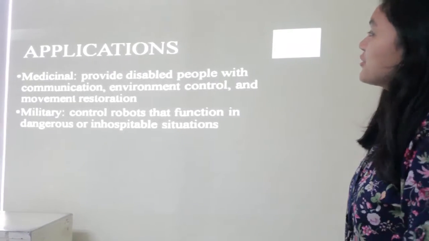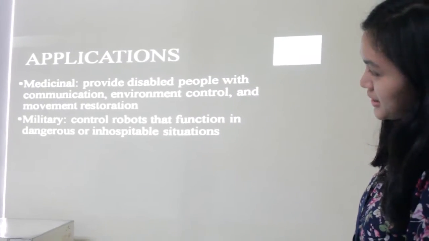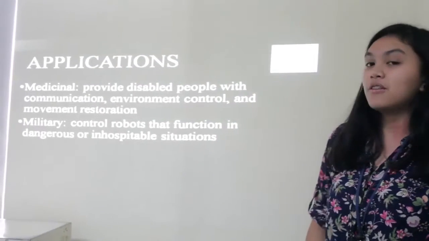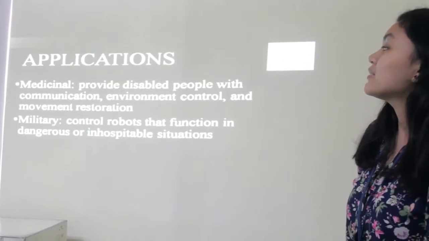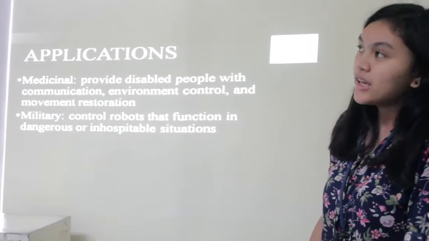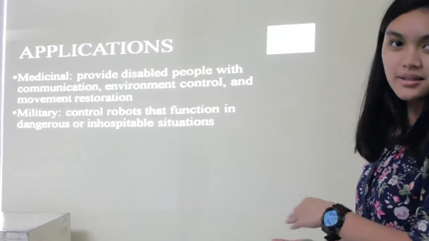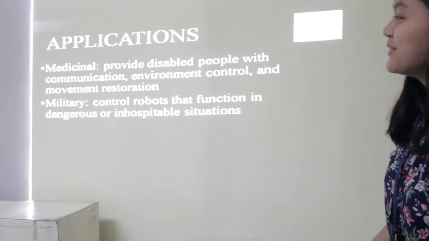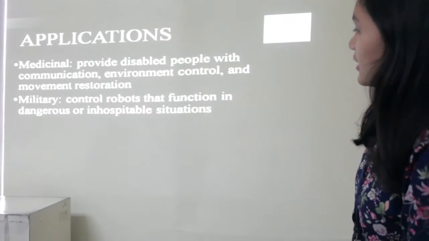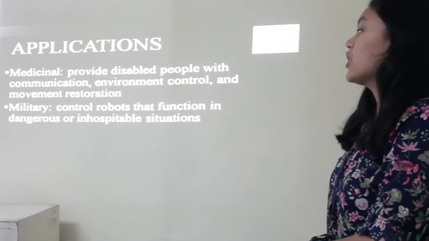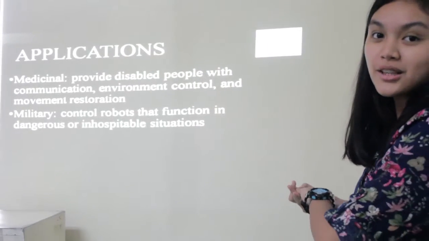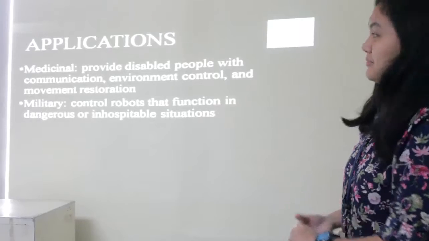So for the applications of BCI, first is medicinal applications. It provides disabled people with communication, environment control, and movement restoration. One example for medicinal application would be the EEG, which was mentioned earlier. For the military applications, it is used to control robots that function in dangerous or inhospitable situations, and these situations are dependent on the temperature of the place.